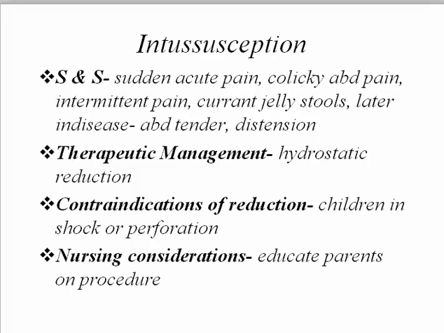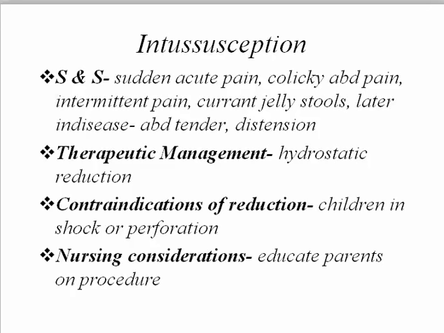They should also discuss the risk of recurrence, because it is not uncommon for it to recur even after you've done a hydrostatic reduction. So you need to let them know that we're going to do this hydrostatic reduction, but there is a risk of recurrence, and oftentimes they might do it a couple of times. But if it's not successful, then surgical reduction or bowel resection may be done.